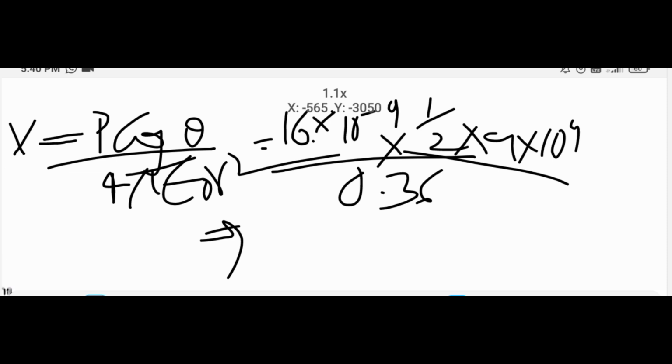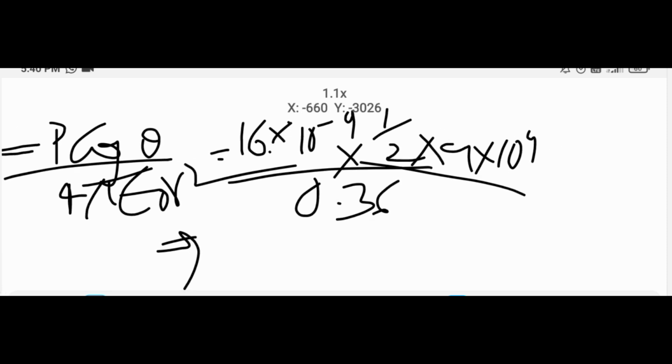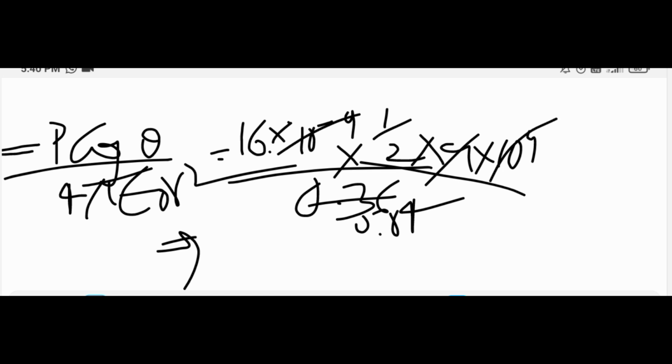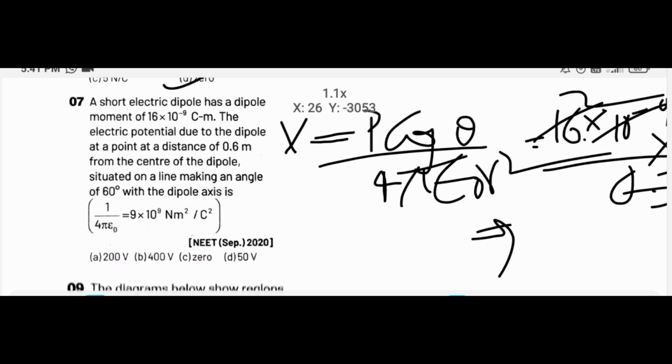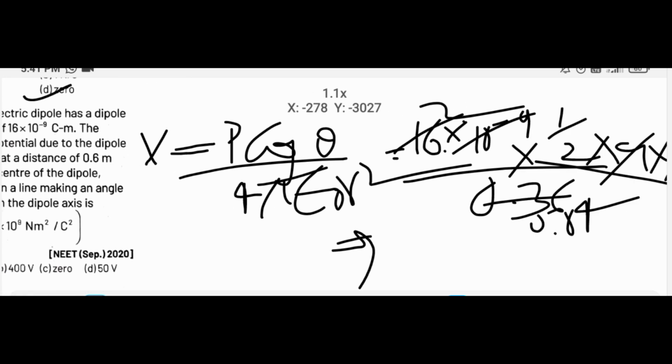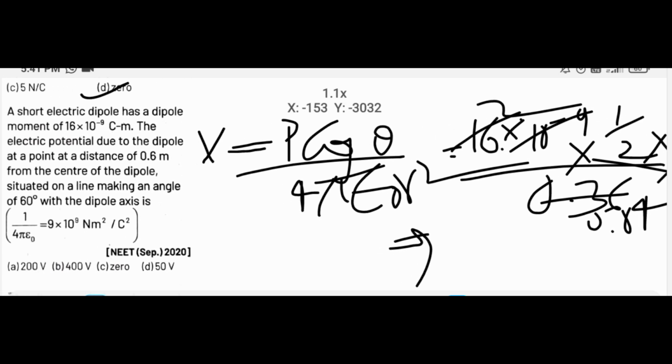So, calculate it. Here it will be 0.04, and 10 power 9 and 10 power minus 9 are going to cancel, and 1 by 8 in the denominator, 8 2s are 16. So which they have given, 10 power 2.